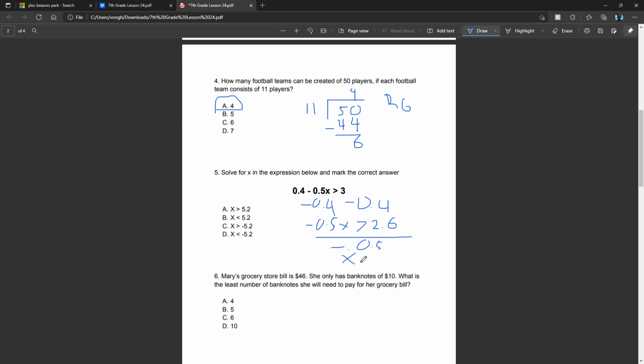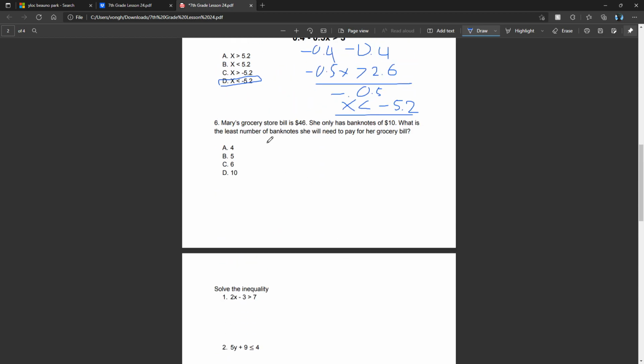You get x is less than negative 5.2. So when you divide by a negative, you flip the sign. So then if we look, it should be this answer, D, because this matches our answer.